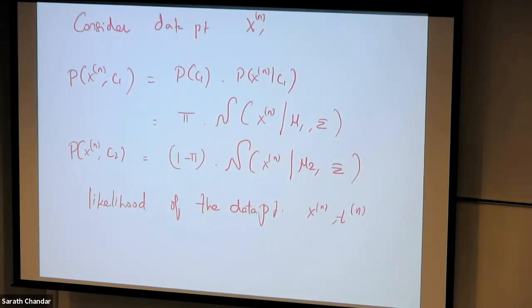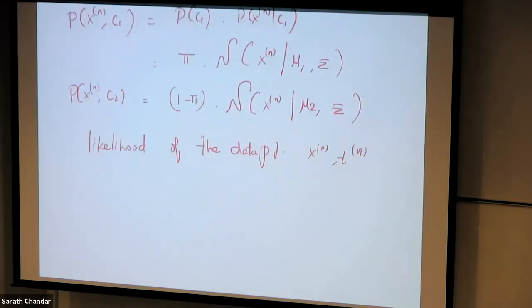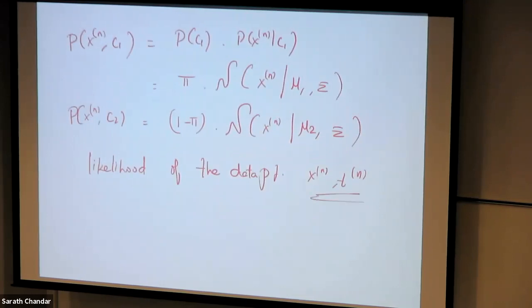Now this probability of xn tn has two options. Either it could come from class 1 or it could come from class 2. If it comes from class 1, then the likelihood is given by pi multiplied by the Gaussian for class 1. If it comes from class 2, then it is given by 1 minus pi times the Gaussian of xn given mu2 sigma.